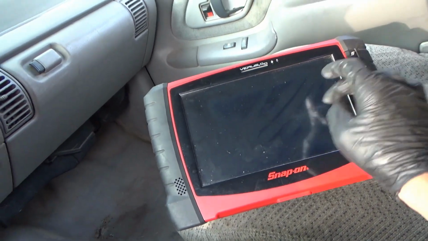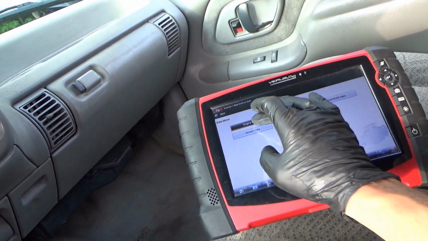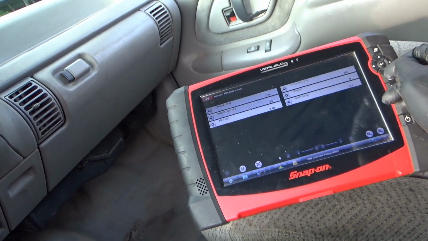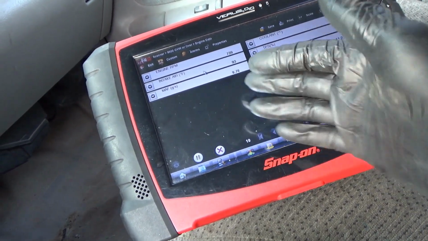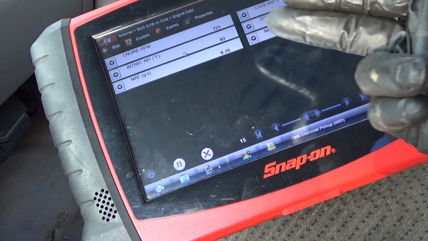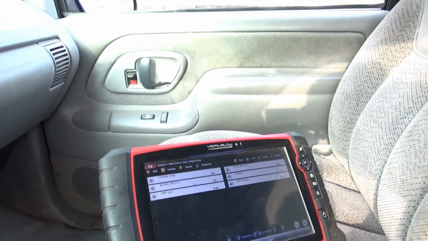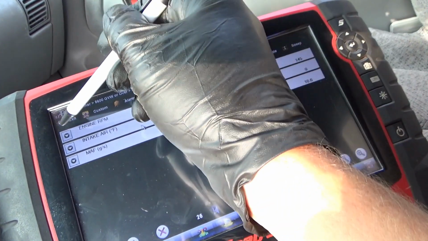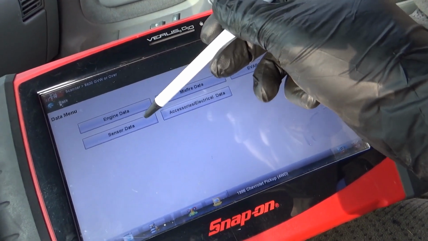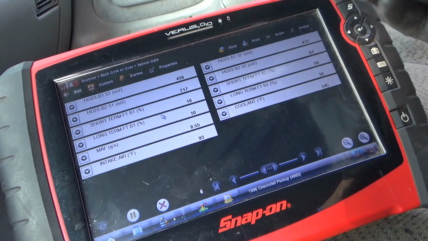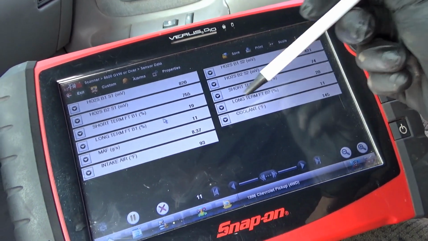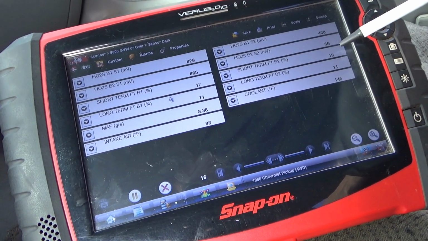Let's look at our scan data again. You know, MAF is almost at 10 grams per second. I don't think that's underreporting. Let's look at the fuel trims again. I love how Snap-on keeps the selected lists. Again, look at that.